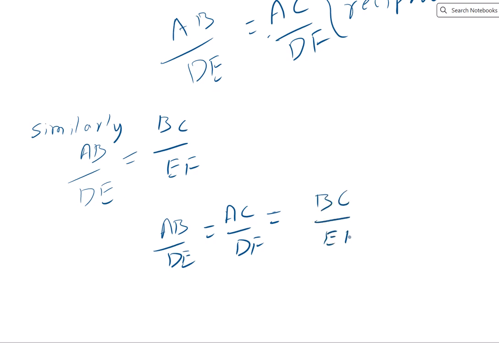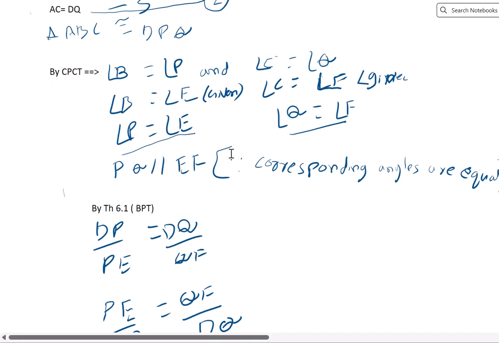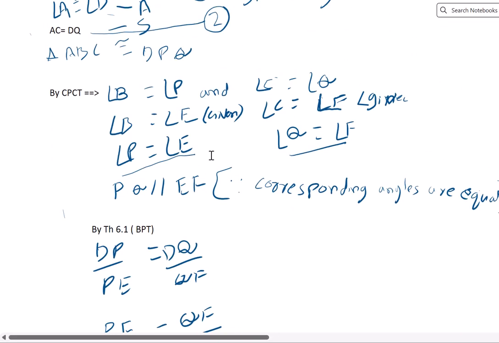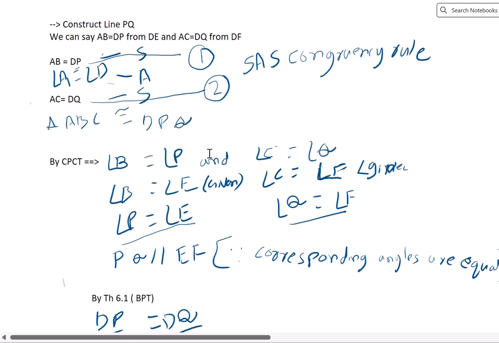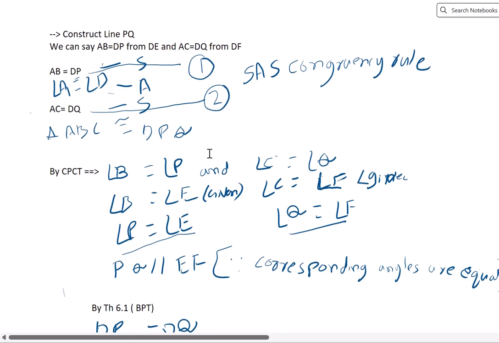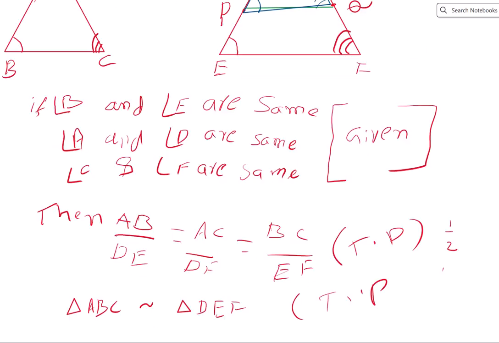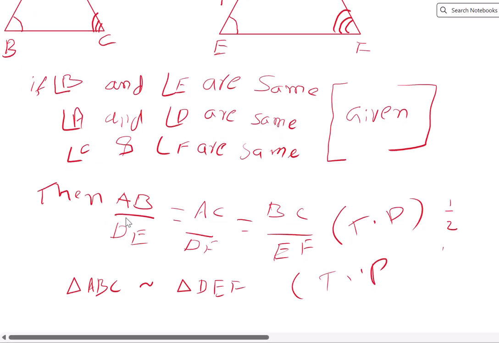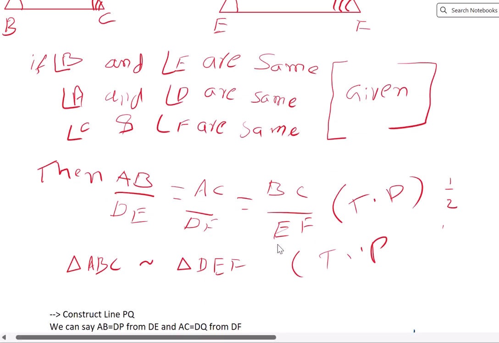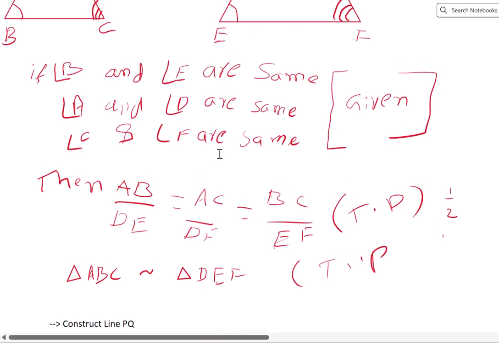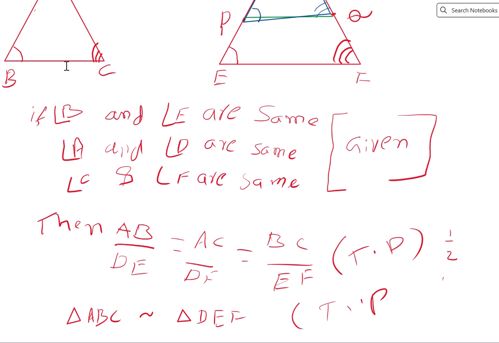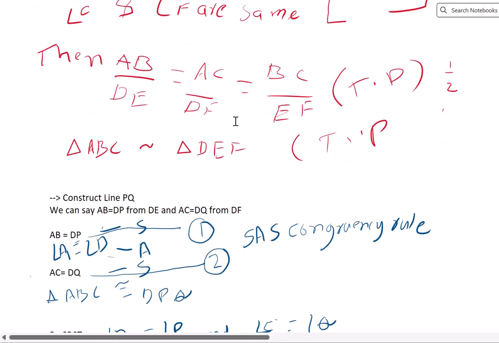This is what we needed to prove. We go back to what we had to prove: AB by DE, AC by DF, and BC by EF are the same in proportion, that is, these sides are in the same ratio. That is what we need to prove.